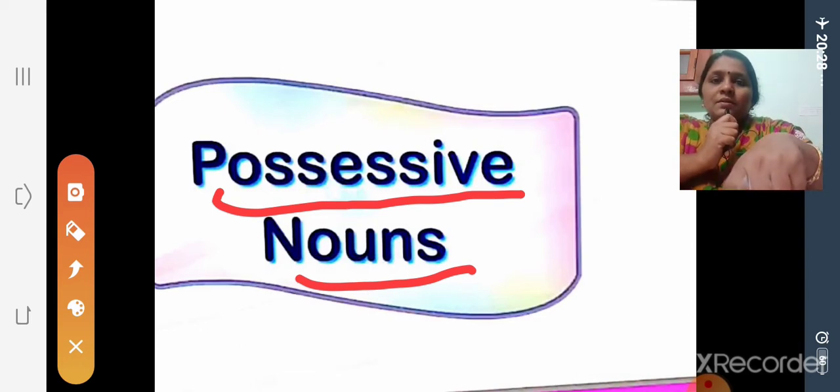Ownership means what? Something owned by somebody. Possessive nouns means nouns which show possession, ownership, or belonging.